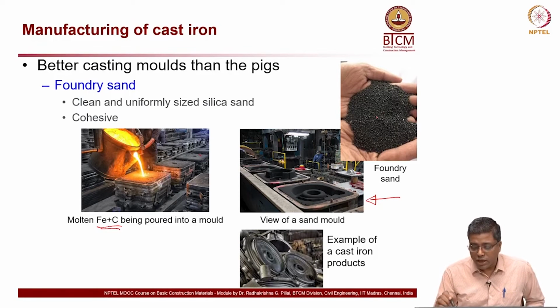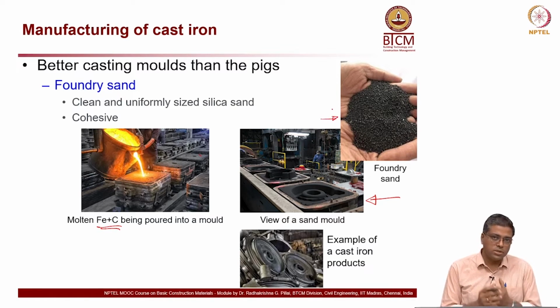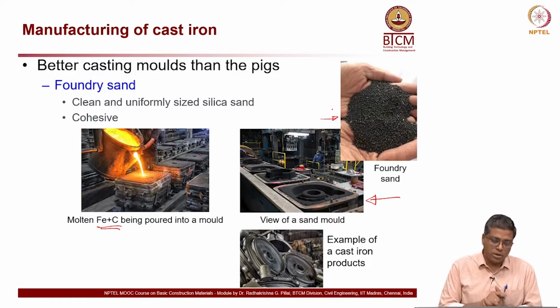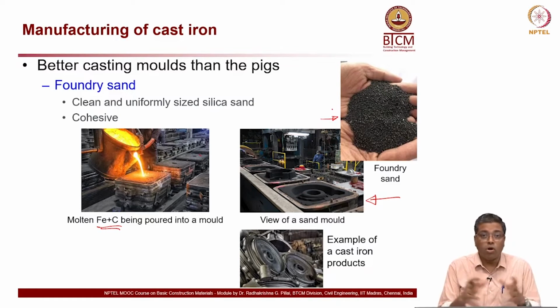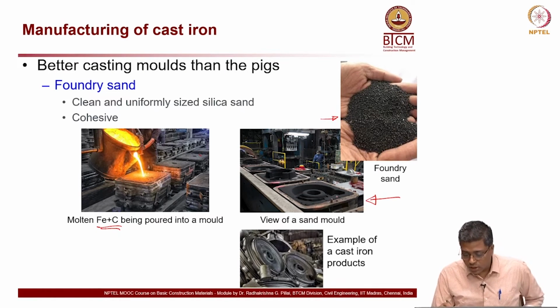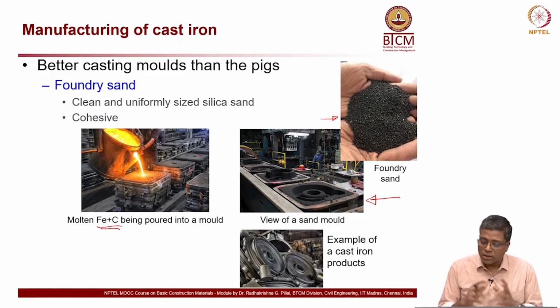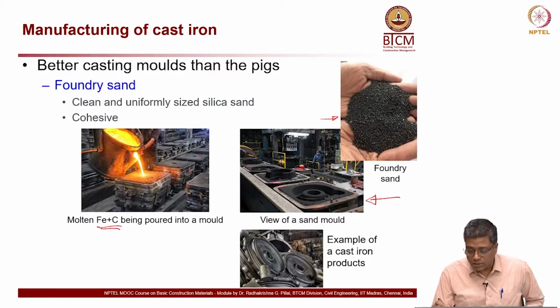Also, another important property of this foundry sand is that it should be cohesive in nature. In other words, it should hold together and form that shape or complex shape, whatever is required, once it is molded into that shape. It should not just fall off. So, you need very high cohesiveness also. Okay. So, mechanical interlock plus cohesiveness plays a role, and then it just holds things in place.